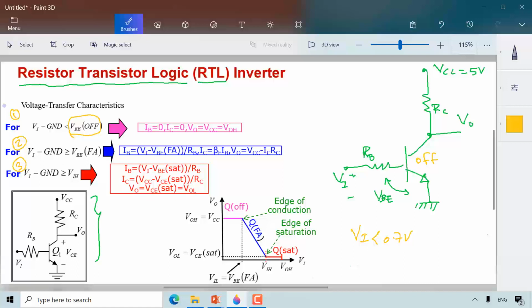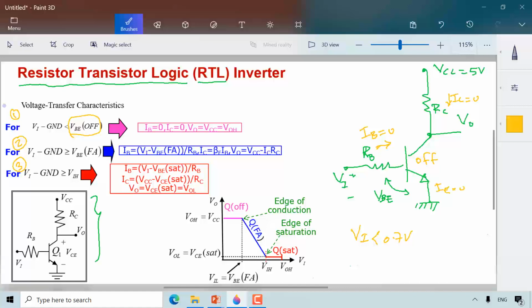cutoff region, and in this case, the current in the base that goes through RB, IB, equals 0, and the current through the collector, IC, also equals 0, and the current through the emitter also equals 0.